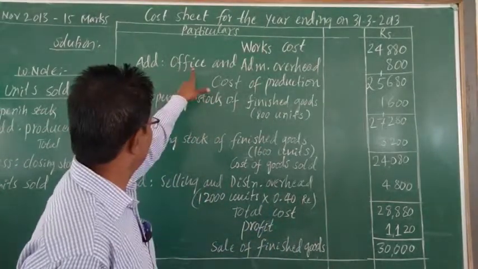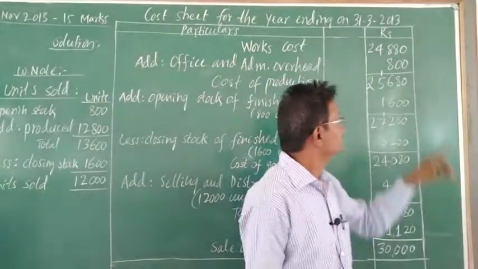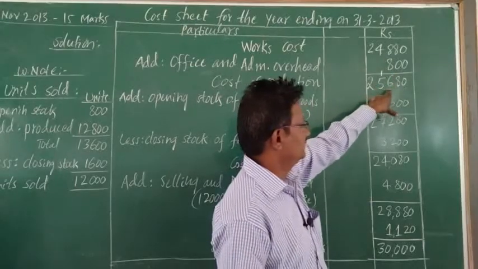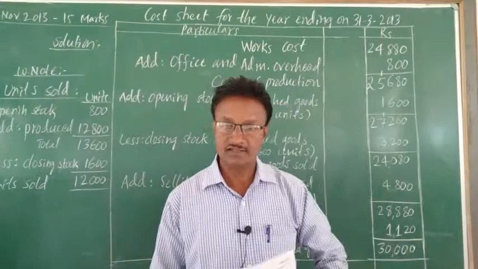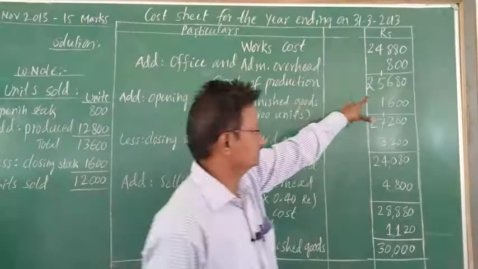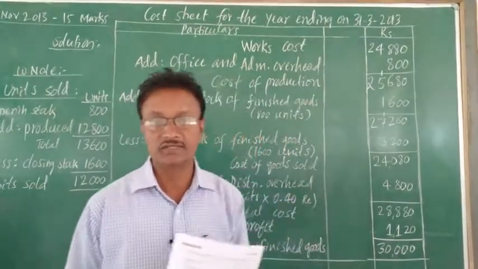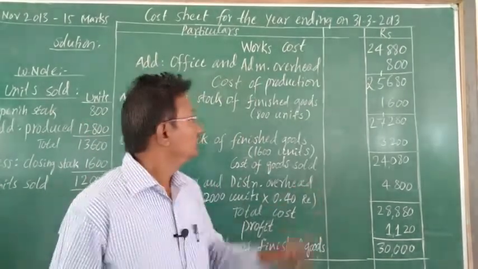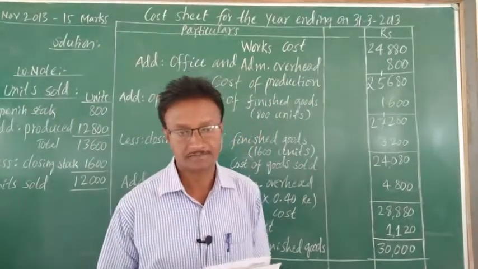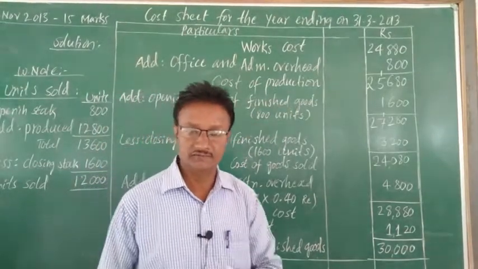So add office and administration overhead, that is 800 rupees. Then the total of these two items is 25,680 rupees, and it is called cost of production. Up to this stage, raw material has been converted into finished goods.